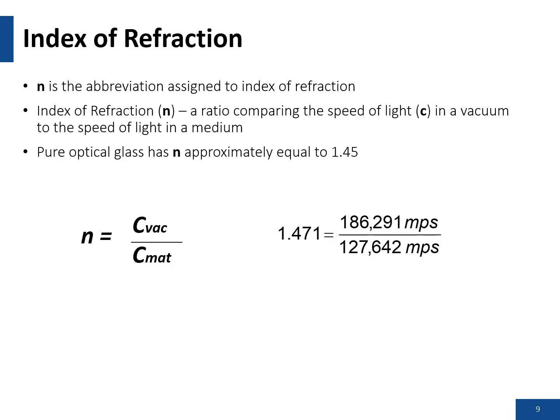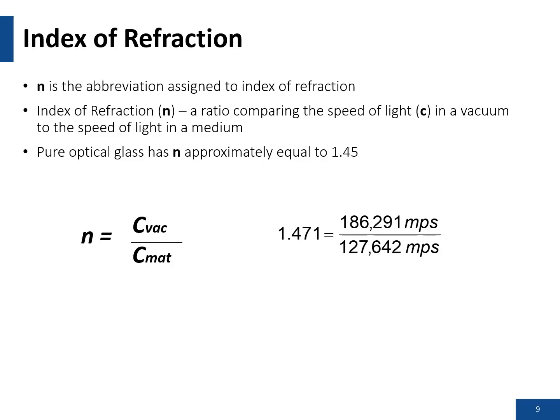We talked about the term index of refraction. Index of refraction really is nothing more than the velocity of light through that material compared to the velocity of light through a perfect vacuum. The only perfect vacuum is in space, and the speed of light through a perfect vacuum in space is 186,000 miles per second.